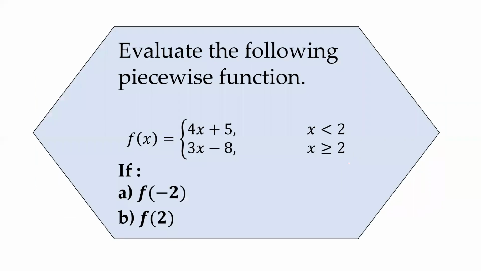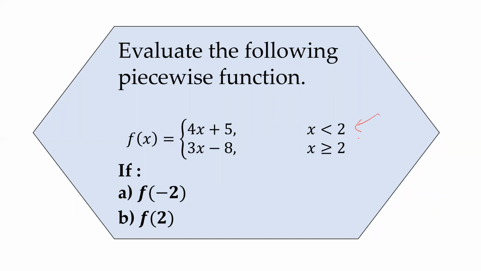Let's have an example. Evaluate the following piecewise function here. Our given is f of x is equal to, first function, 4x plus 5 with an interval of x less than 2.